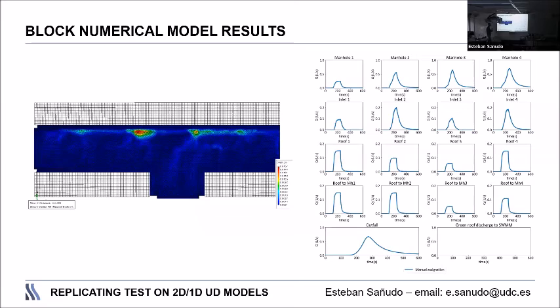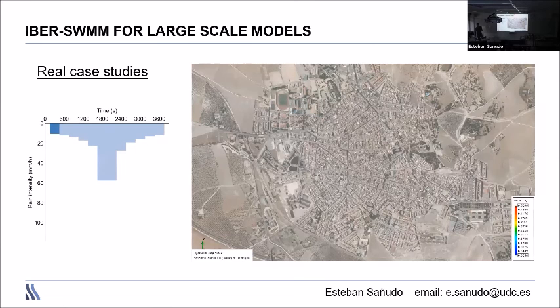And it's good, but it's academic, and we must transfer this to the industry, to engineers, to the private sector, to use this model. So now we are starting to apply all these experiments, models, and validations to large-scale urban cities like this one that we have.